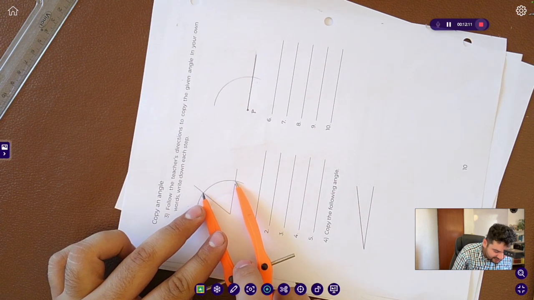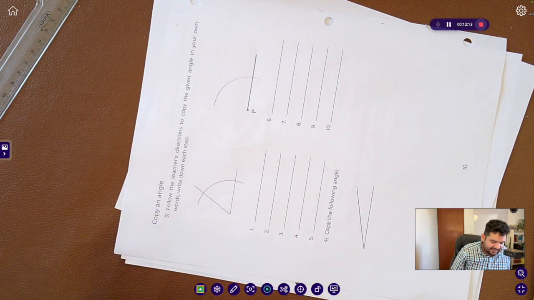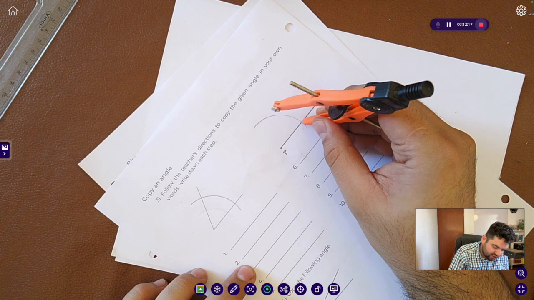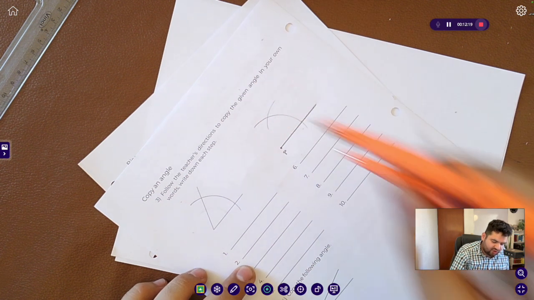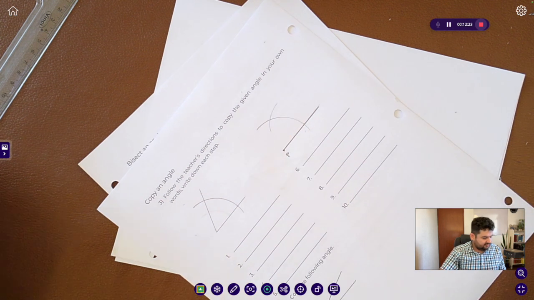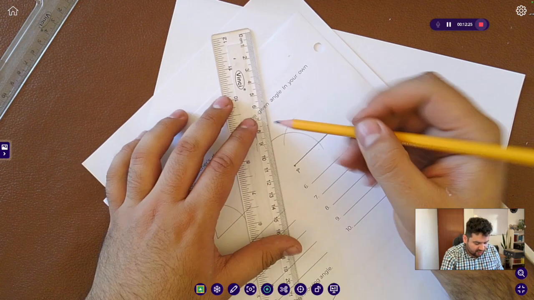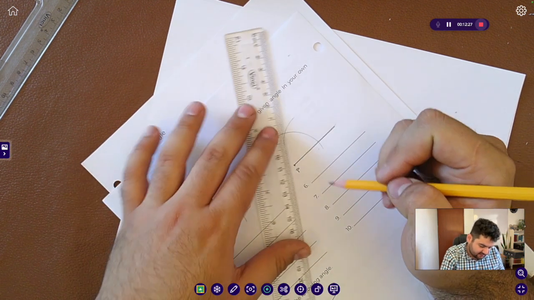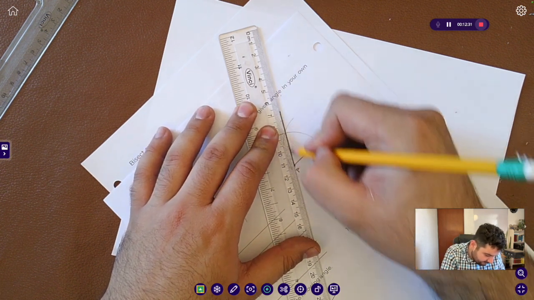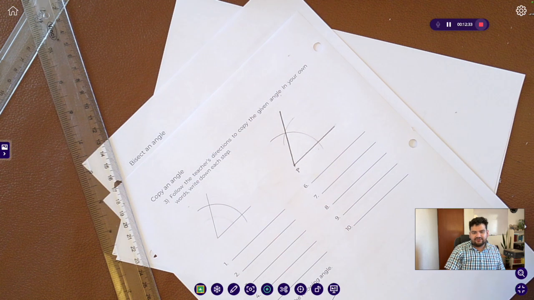measure the openness of the angle. And standing from the intersection, you draw an arc. So, where the two arcs meet in the intersection, that is a copy of your angle.